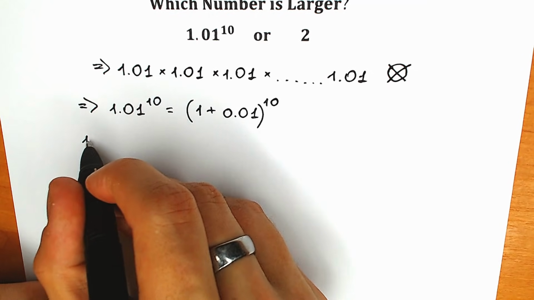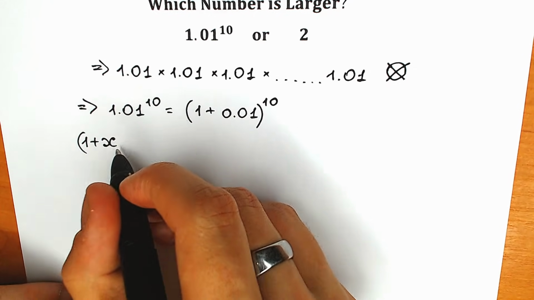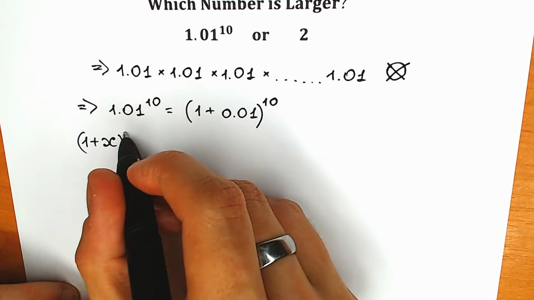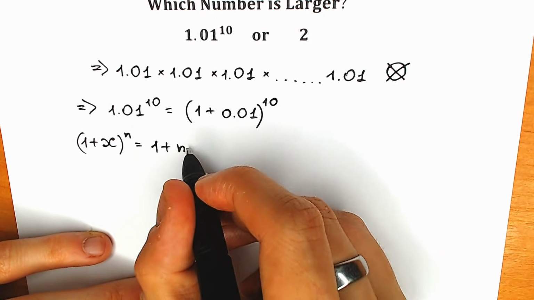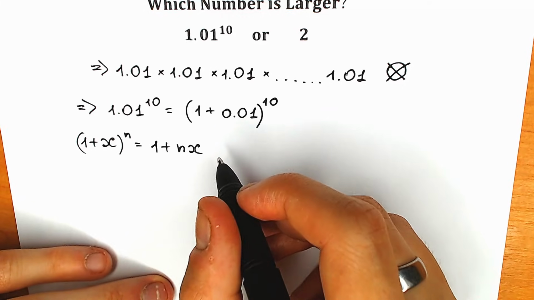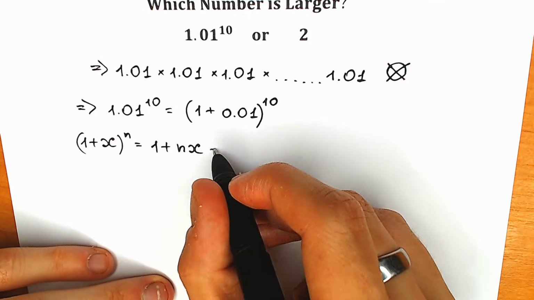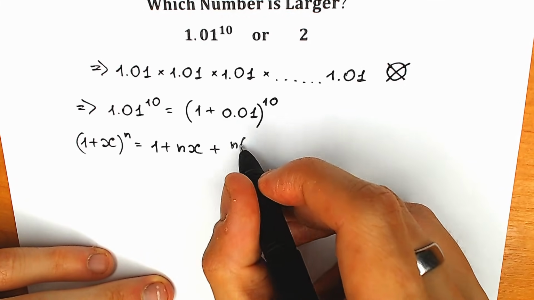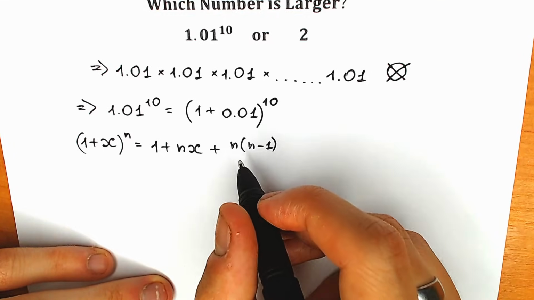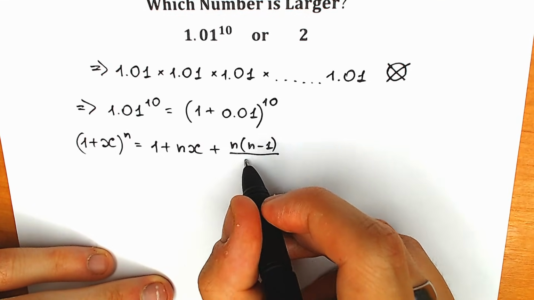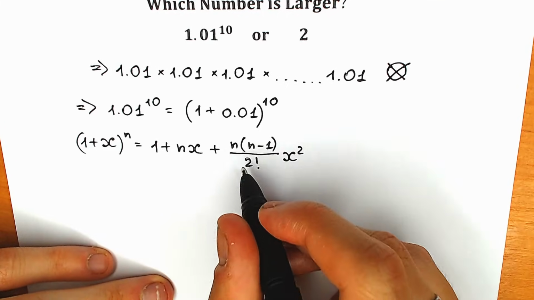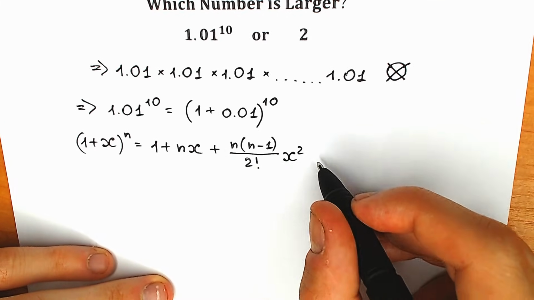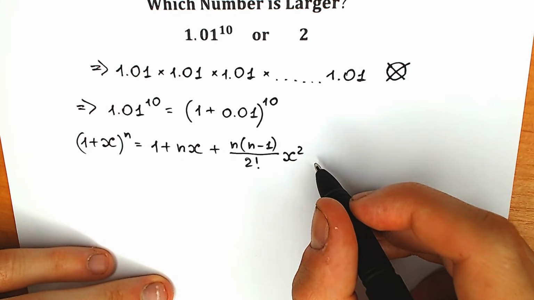Whenever we have 1 plus x raised to the power n, this is equal to 1 plus n times x, the linear expansion, plus n times n minus 1 over 2 factorial times x squared. This is the quadratic approximation, and of course I'm going to write our third term as well.